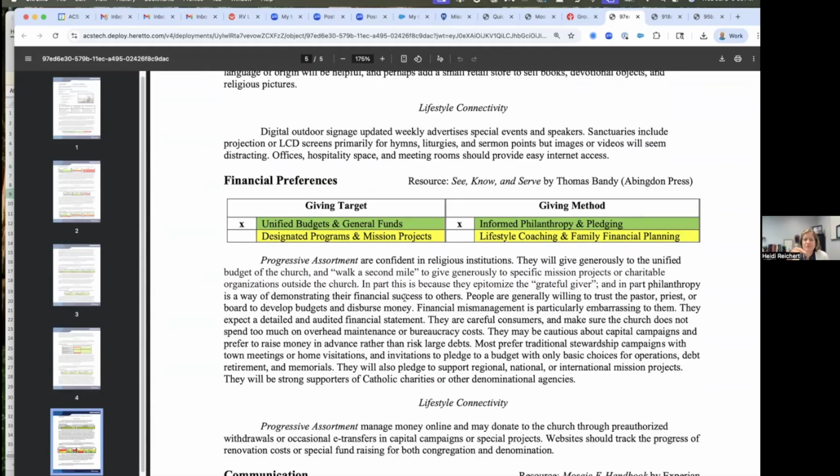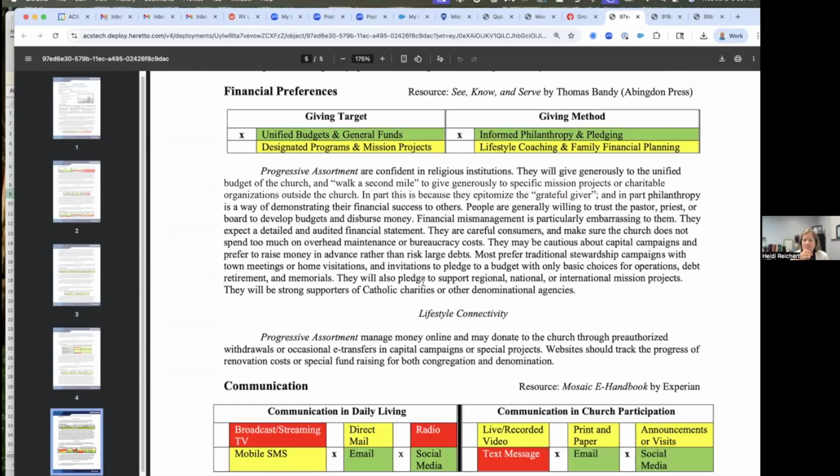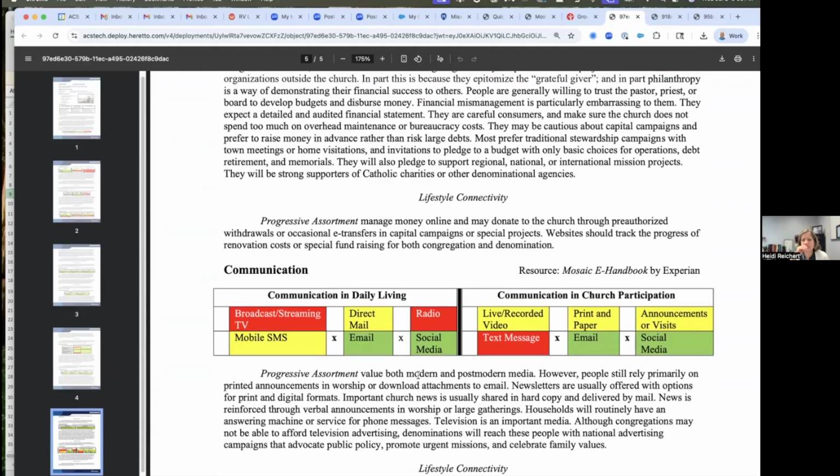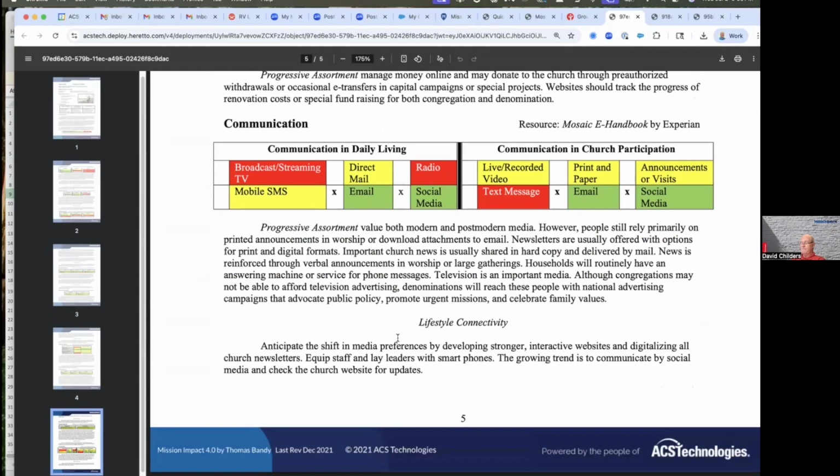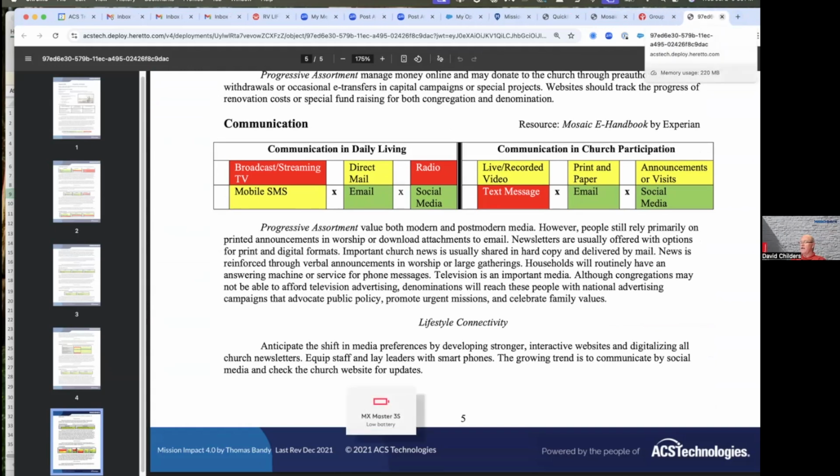Can you scroll down a little bit? I'm curious about the communication, if it's that different. Similar. Okay. Not too much. It's still similar. So do you begin to understand Experian Mosaic codes and how to better read them? Yes.